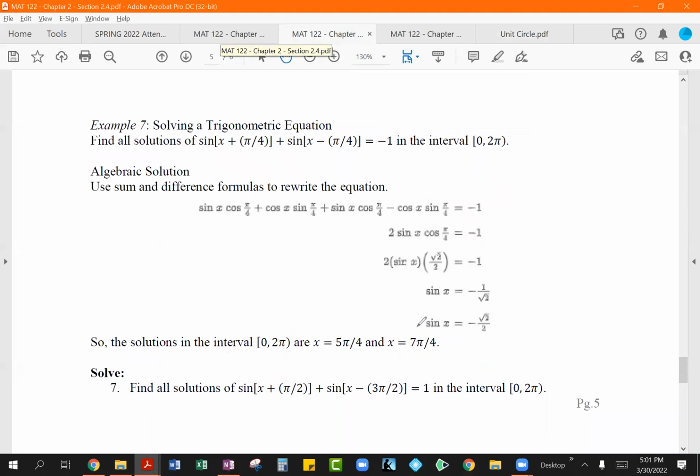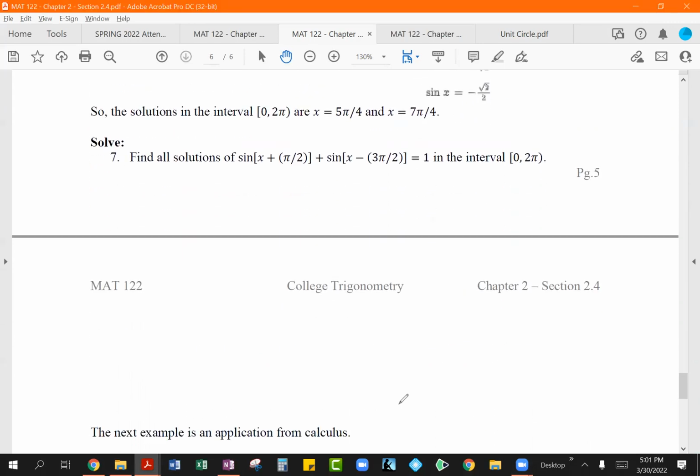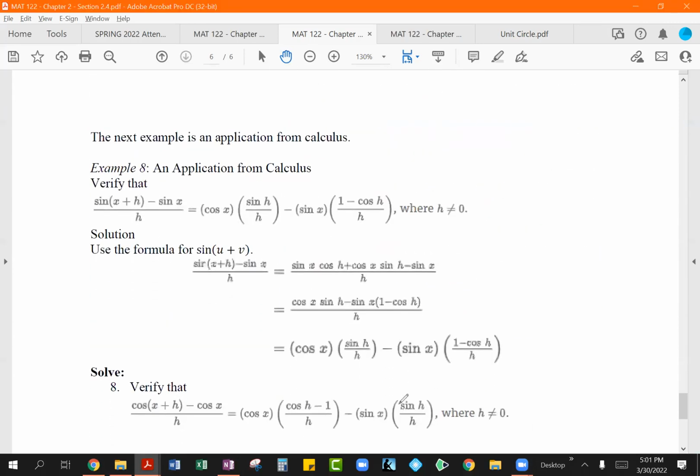So again, solving a trigonometric equation like we did in section 2.3, but this time they're bringing in that sine of u plus v, sine of u minus v formulas in there. You can kind of see a similar example down here. So just kind of building up on what you did in the previous section.